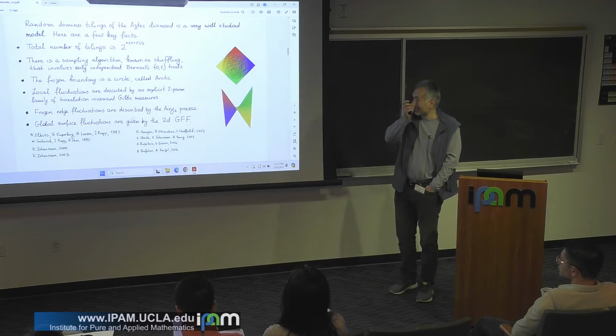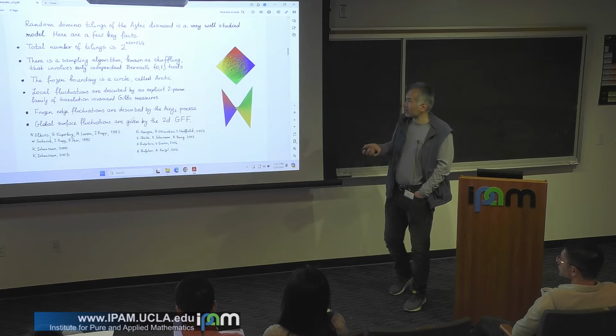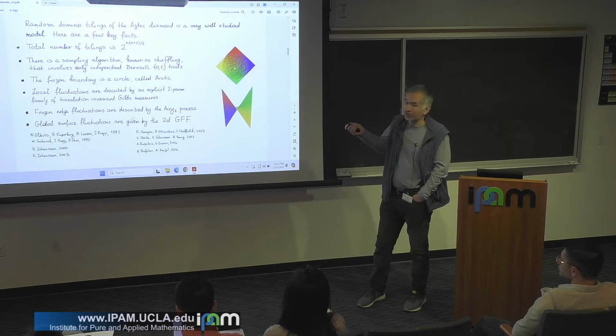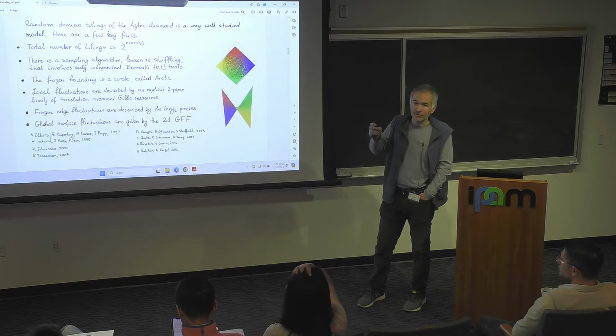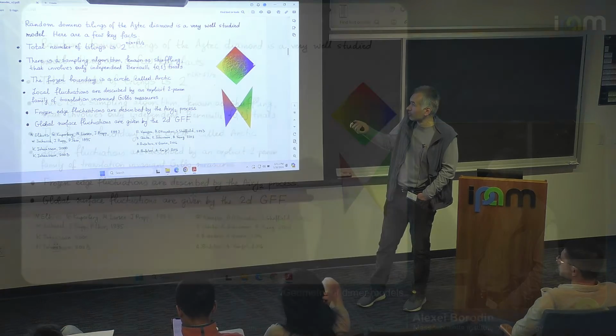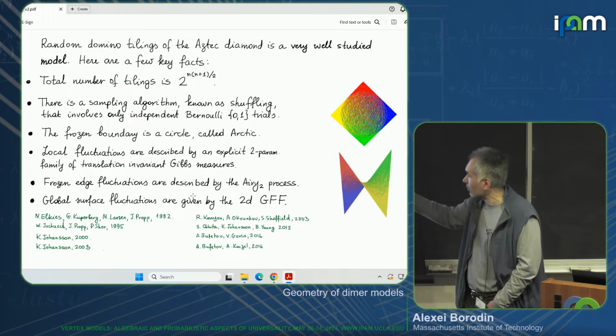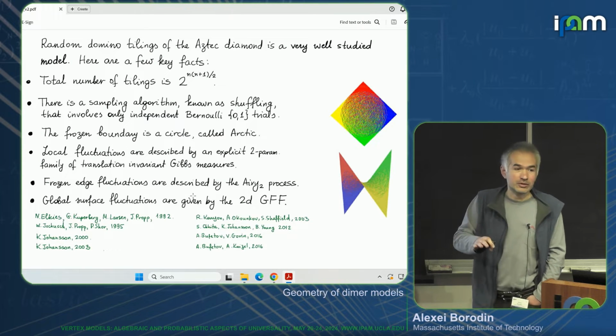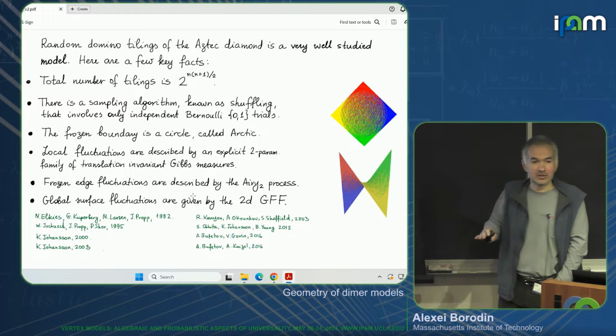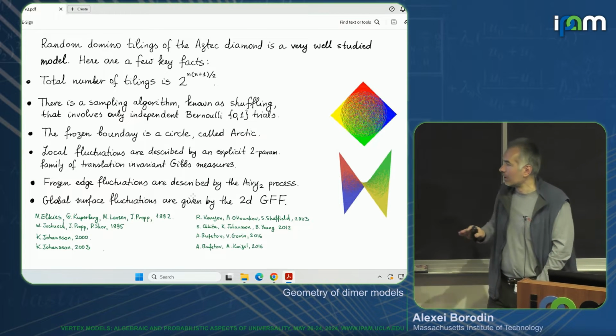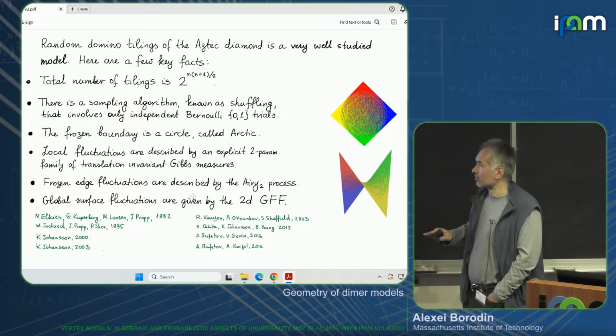Yeah. Okay, and then one can go into the bulk of the picture and look at the behavior of the dimers locally. Well, here it's boring where the color is single because you'll just see a frozen thing. But if you go in the middle, then there will be some randomness, and one can understand that randomness as a 2-dimensional family of measures.